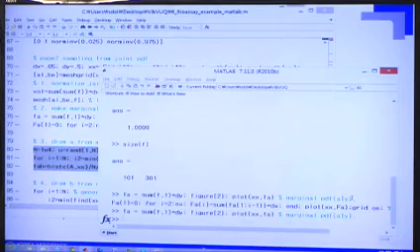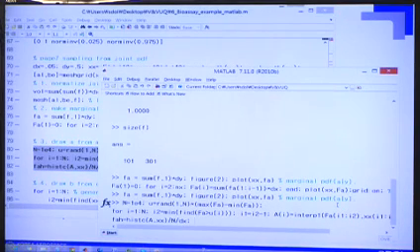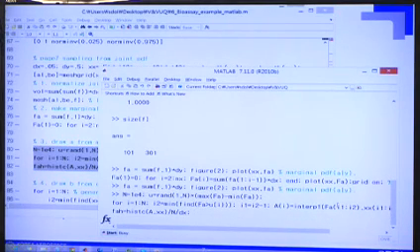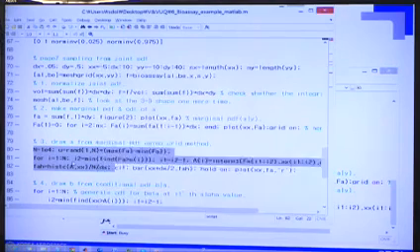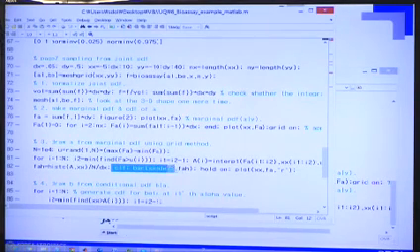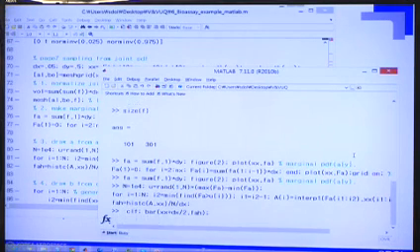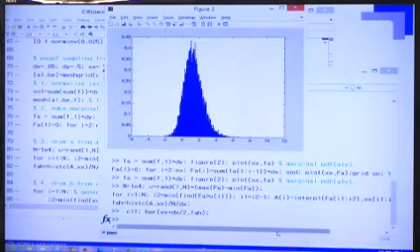And once we generate samples, we can draw them in the form of a histogram. And this is the marginal distribution of parameter alpha in the form of samples.